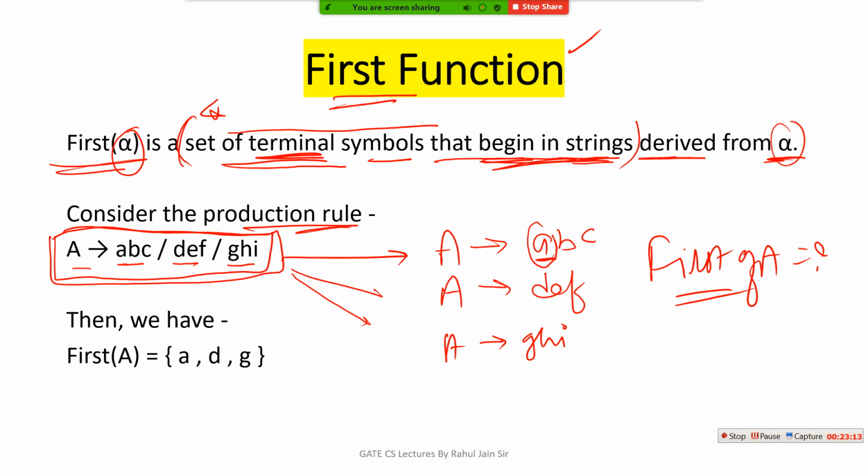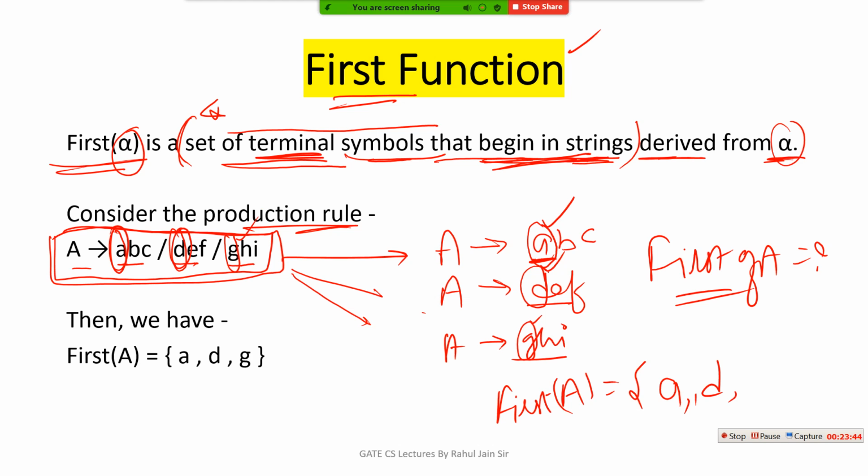A derives ABC, so the first symbol is A. A also derives DEF, first symbol is D. A also derives GHI, first symbol is G. Because A has three transitions, we have to take the first terminal of each one. So the first of A is the set of all symbols that begin a string: A, comma D, comma G.